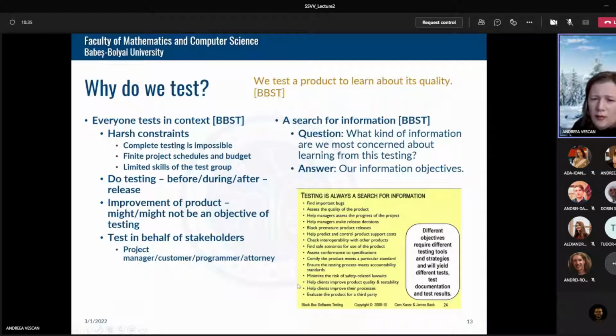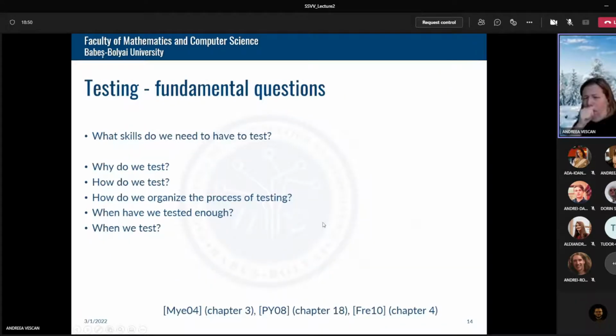Or we can also do testing to help the clients improve their products, right? So depending on the aim of the project, our information objectives are different. So this is why we do the test.